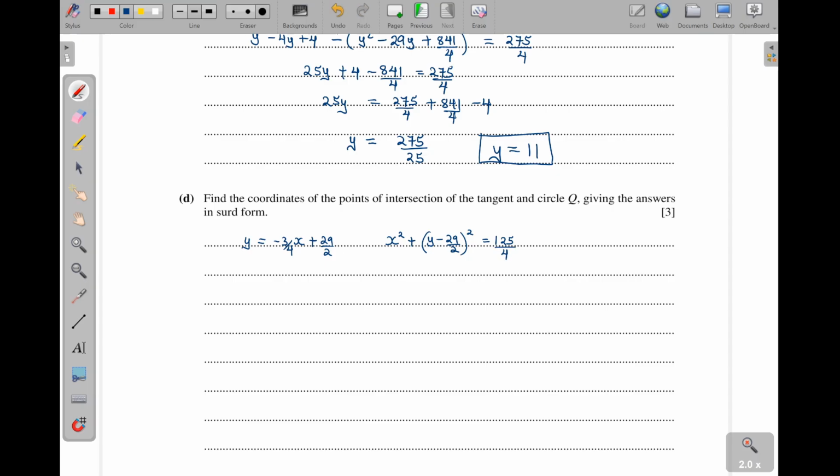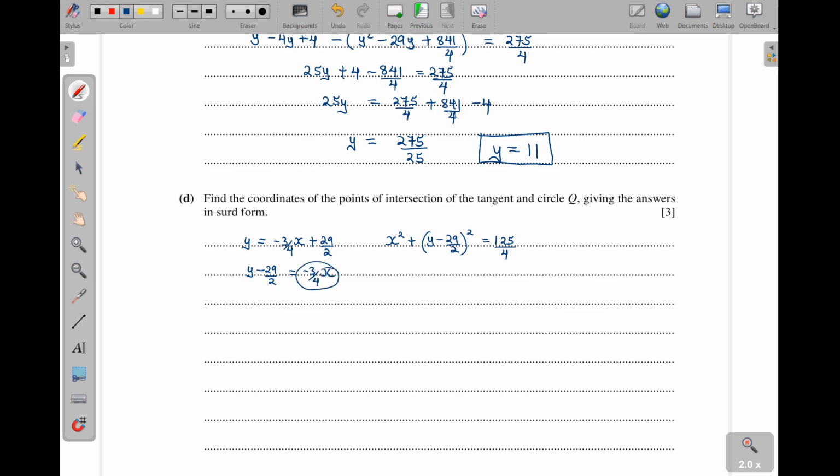You see? Now, from here, I can solve these two simultaneously. So I can rearrange this one, and I say y minus 29 over 2 is equal to negative 3 over 4 of x.